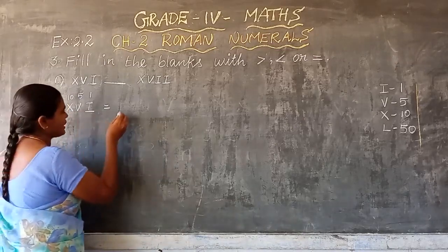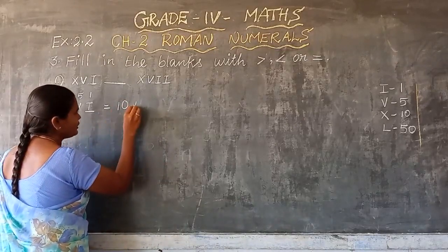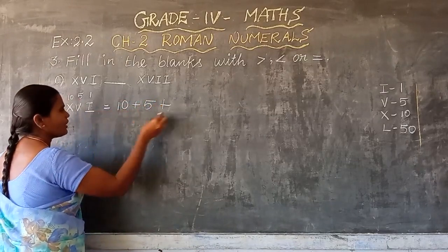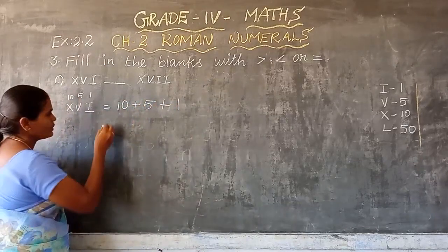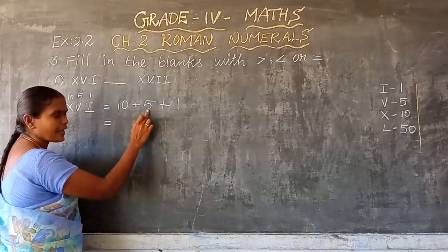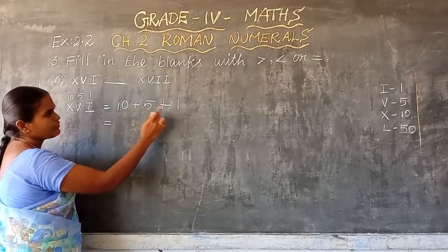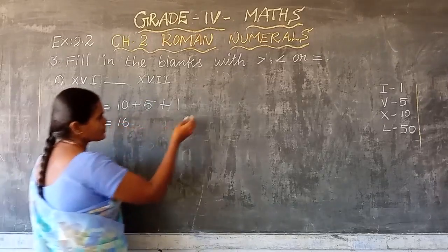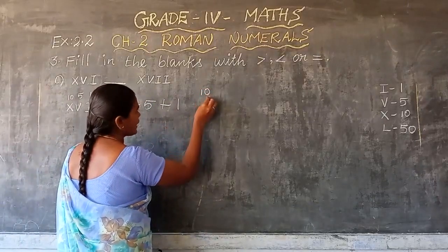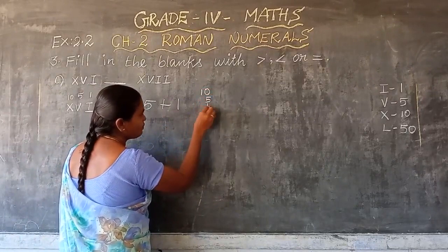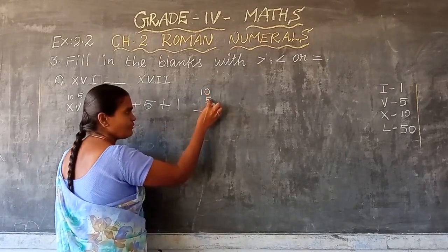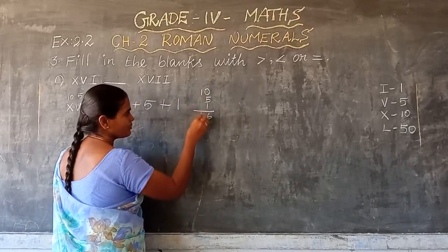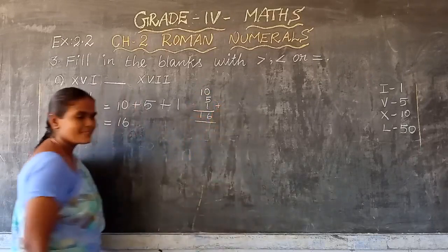So now X value 10 plus V value 5 plus I value 1. 10 plus 5, 15. 15 plus 1, 16. So your answer is 16.